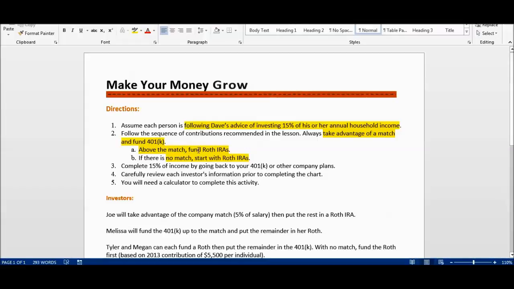Above the match, we're going to fund our Roth IRAs, and if there's no match, we're going to start with the Roth IRA. When you combine the contributions for the 401k and the Roth IRA, that will add up to your 15% of the annual household income. So we want to make sure that we're carefully reviewing the scenarios so we know exactly what we're doing, and you will need a calculator for this activity.